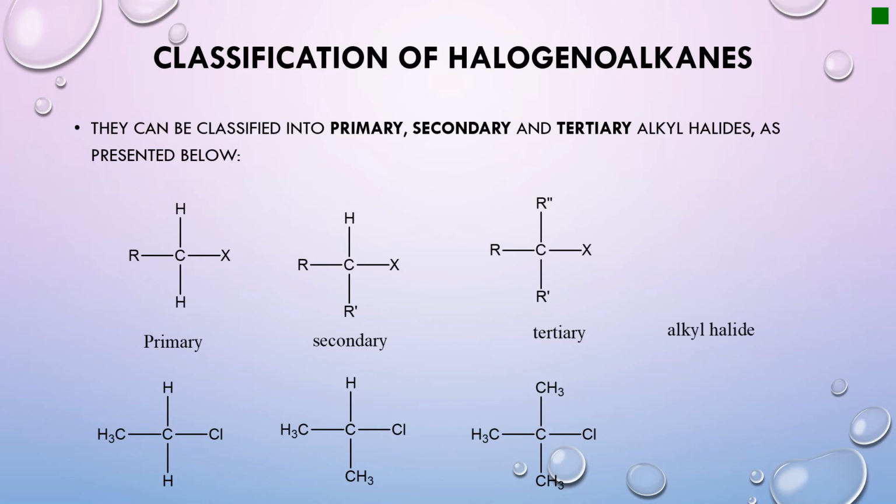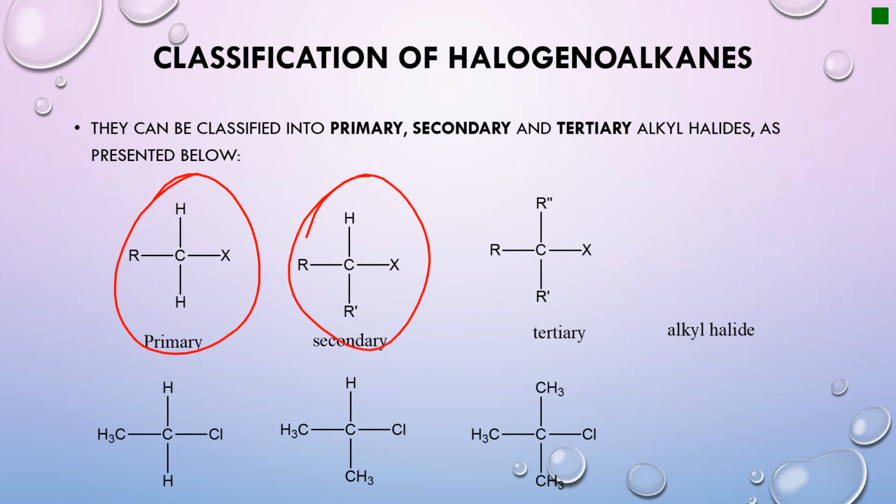Classification of alkyl halides. They can be classified into primary, secondary, and tertiary alkyl halides, as represented below. This is a primary alkyl halide, secondary alkyl halide, and tertiary alkyl halide. But to help you understand this, let us go back to the primary carbon, secondary carbon, and tertiary carbon.